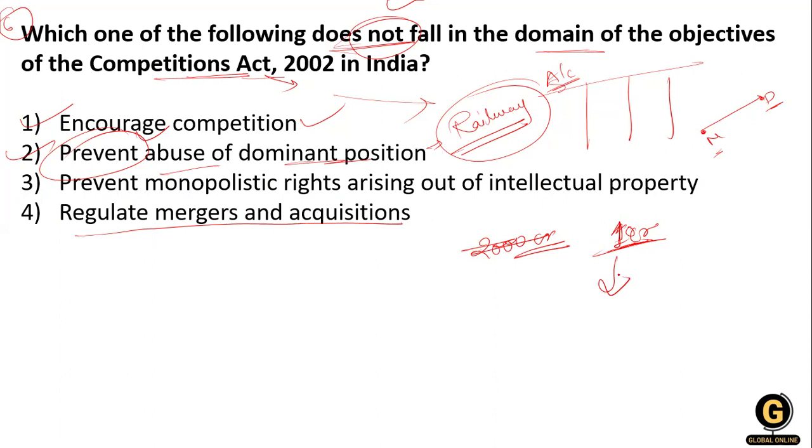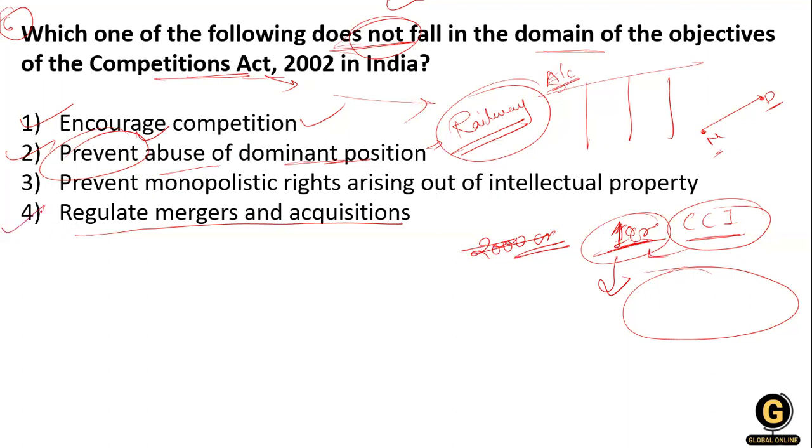They have to inform the authority, the CCI, the Competition Commission of India, whether this will affect the market competition. In that case, regulating mergers and acquisitions also comes under the Competition Act 2022.